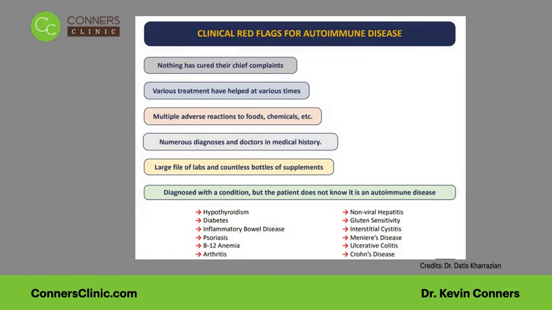So how do you know you have an autoimmune disease? Well, you really test for antibodies, but there are some clues. So there are some clinical red flags for a practitioner. These are red flags for you as a patient as well. I've tried everything and nothing has cured my complaints. Various treatments have helped at times and then made it worse.